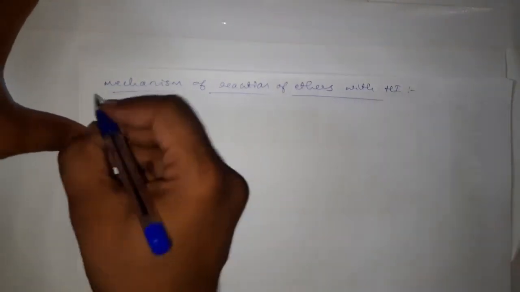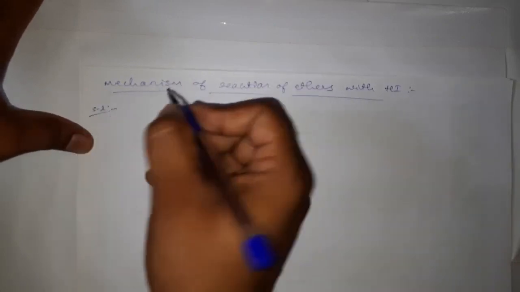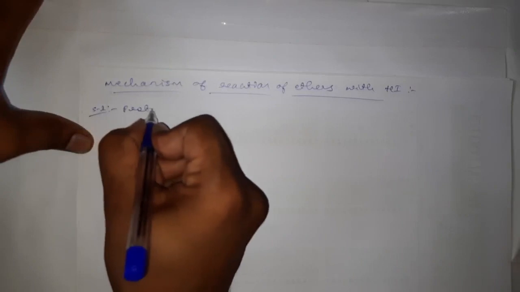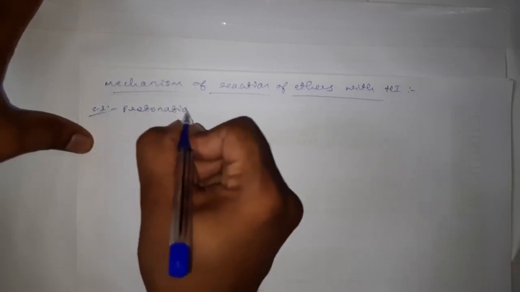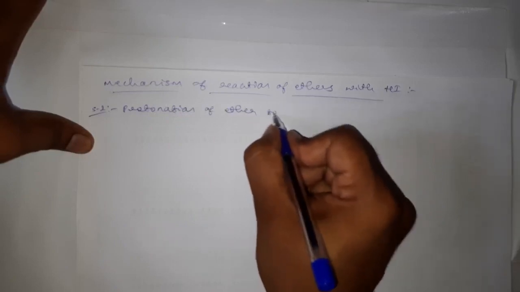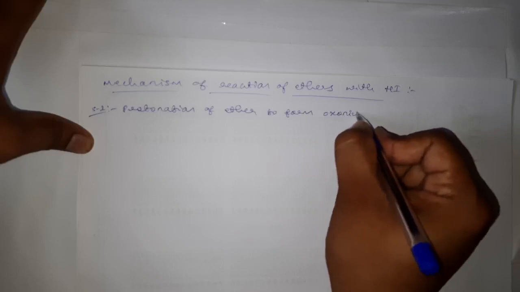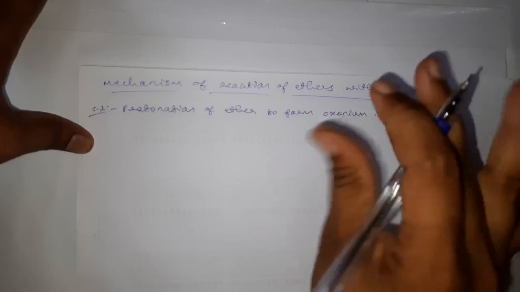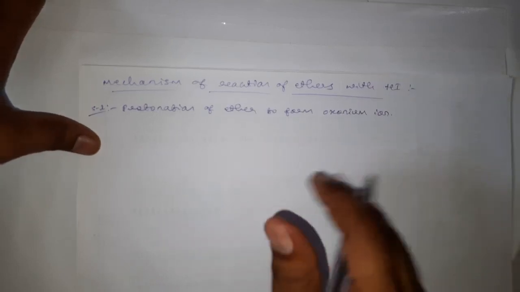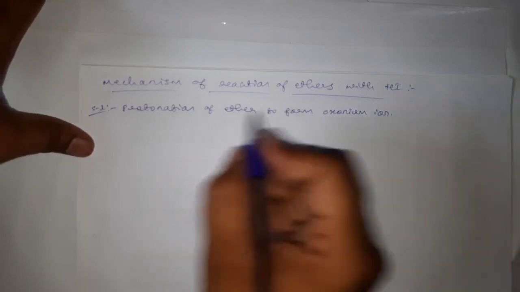See, the reaction mechanism involves the following steps. Step number 1 is protonation of ether to form oxonium ion. The first step of the reaction mechanism is protonation of ether to form oxonium ion.